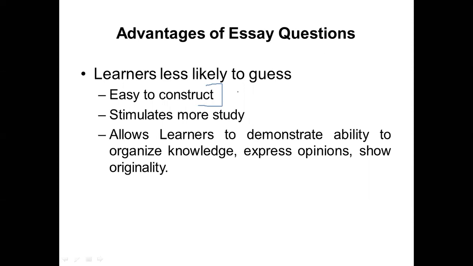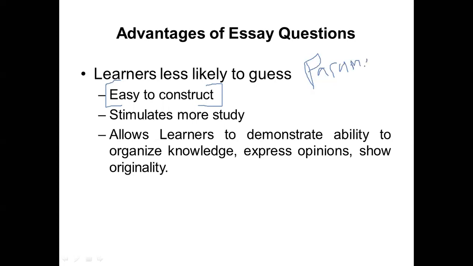So they are broad, they are very easy to construct. That's number one. You don't need to struggle very much. What you just need to do is to guide your learners by providing parameters to your answer, to your question. Are we together?